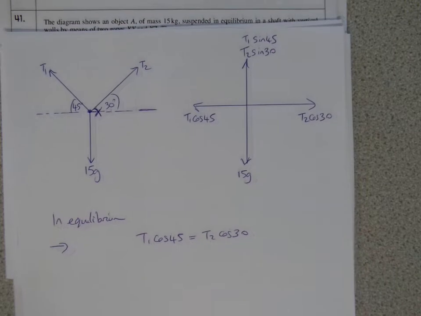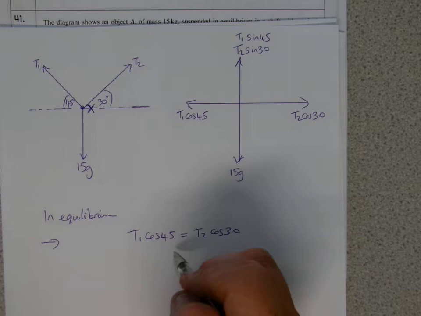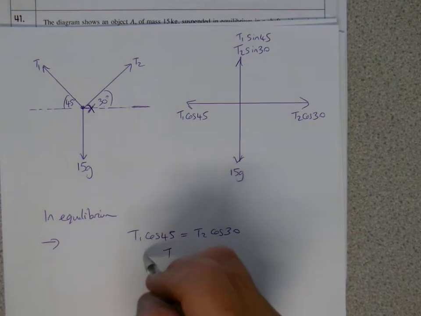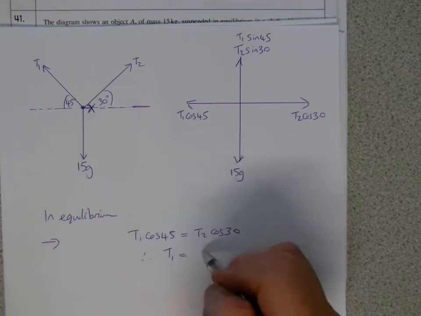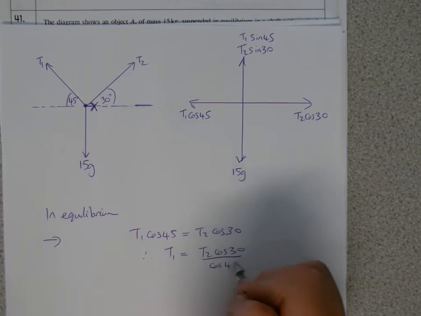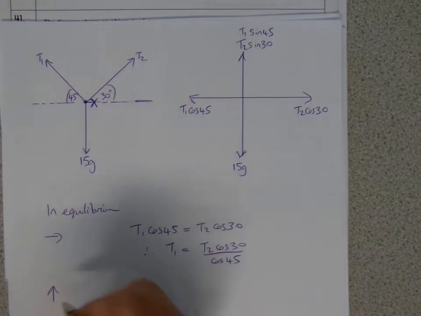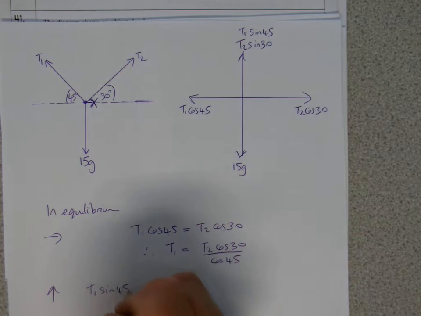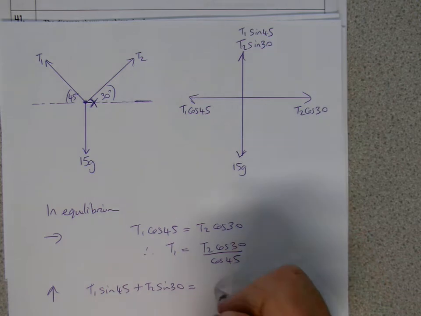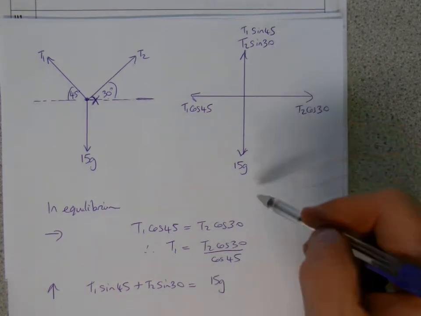Before I resolve vertically, I can say T1 equals T2 cos 30 divided by cos 45, so just take that cos 45 over. Now when I resolve vertically, T1 sine 45 plus T2 sine 30 equals 15g, since the up forces equal the down force.